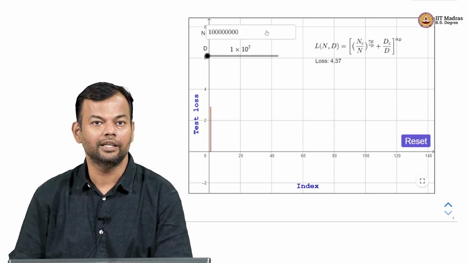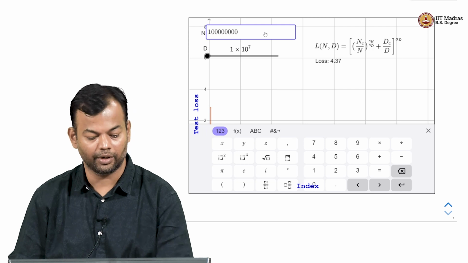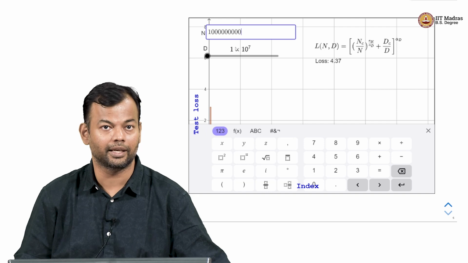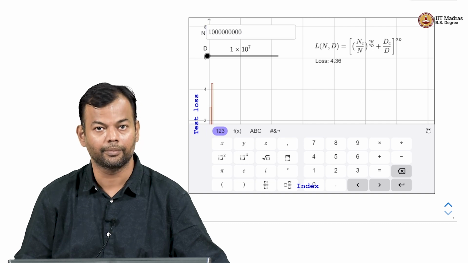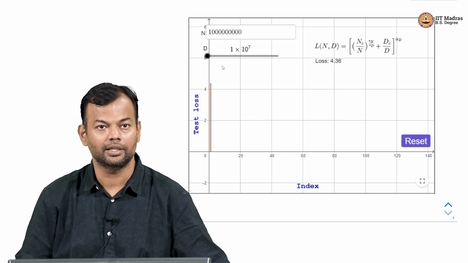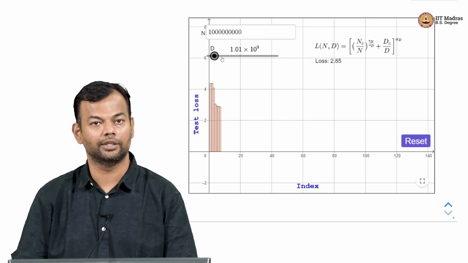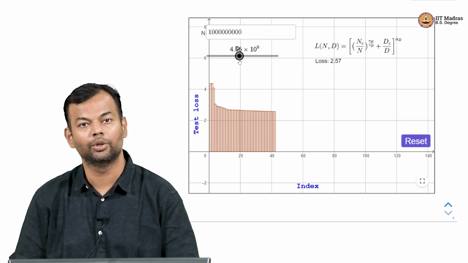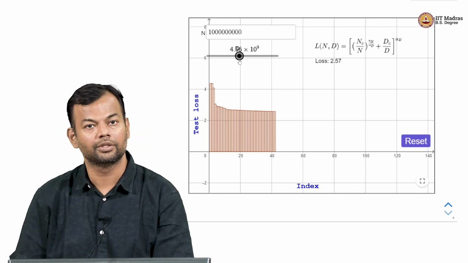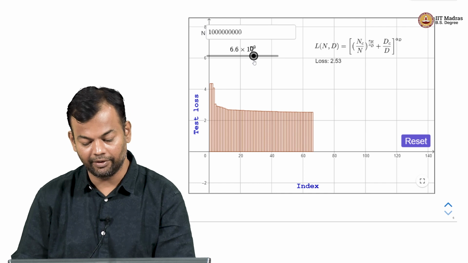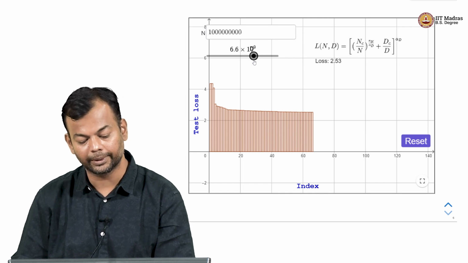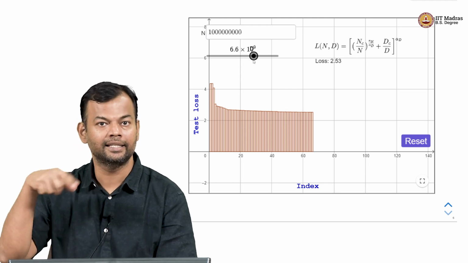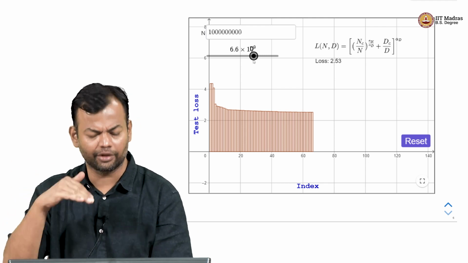Now let's see if we increase the model size. This was 100 million parameters, I'll make it 1 billion parameters. Now let me reset, and start increasing the number of tokens. You can see that with this model size I'm able to draw the loss further down, and even as I increase up to 600 million tokens, I still keep decreasing the loss, but then it saturates.